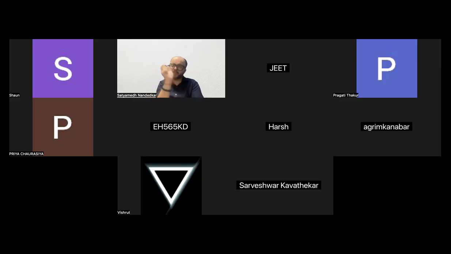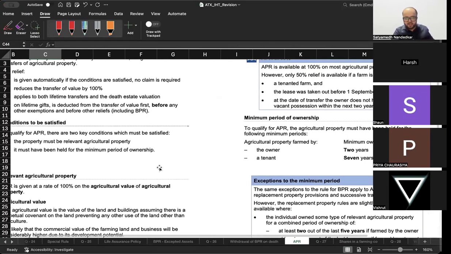APR, by the way, is available 100% if you are doing the farming, but if you have a farm and you have given the farm on rent to someone else and somebody else is doing the farming, तो tenanted farm पे APR is only at the rate of 50%. पूरा का पूरा APR वहां पे नहीं मिलता है, so you have to be a little careful in that calculation.